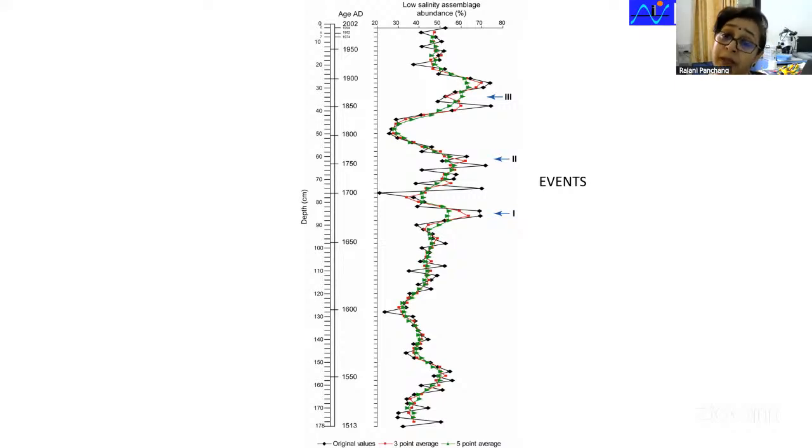When will the river be stronger? When there is more warming, more rainfall, more glacial ice melt. So on the basis of that, I was able to tell the world that during these 3 periods, there were stronger monsoons. There was more melting, the temperature was warmer, and this is data only for the past 500 years.